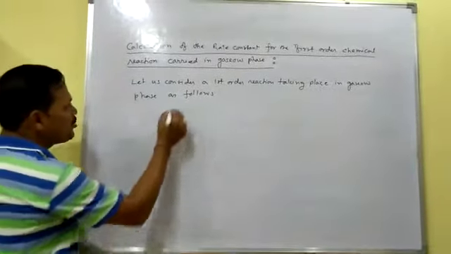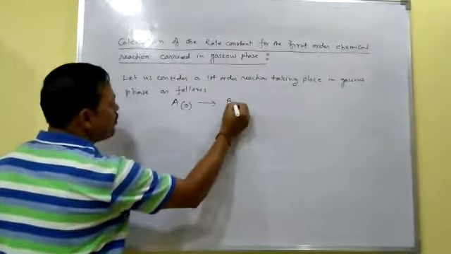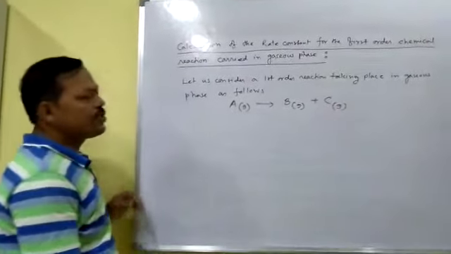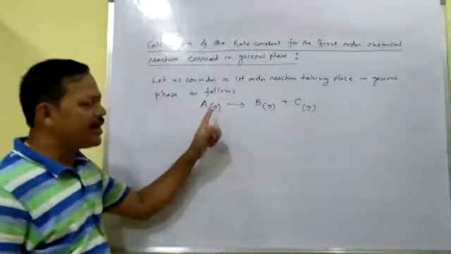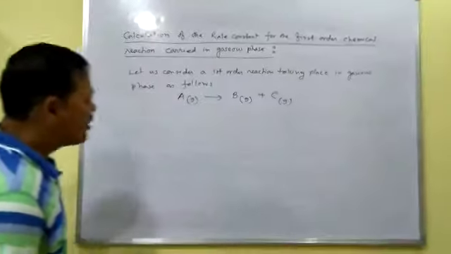Suppose the reaction is this one: A gas produces B gas plus C gas. So this is one of the reactions in which all the reactants and all the products are in gaseous state. That's why this is a gaseous reaction.